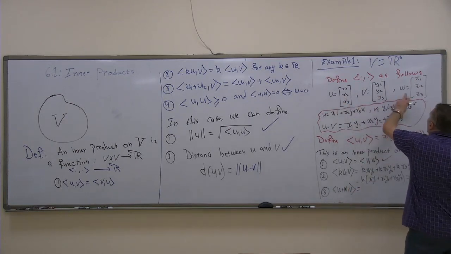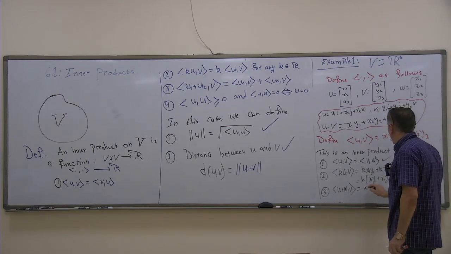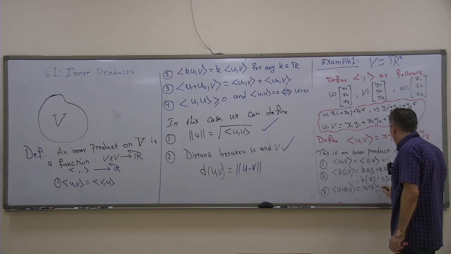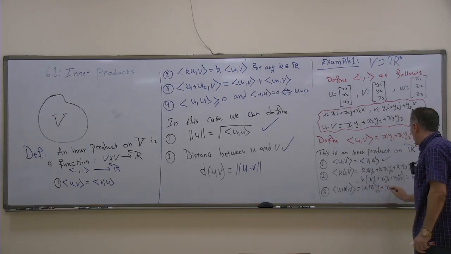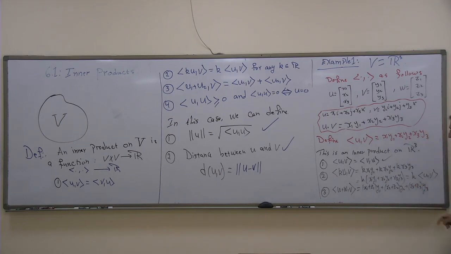U plus W means X1 plus Z1 multiplied by Y1, plus X2 plus Z2 multiplied by Y2, plus X3 plus Z3 multiplied by Y3. Now, unfold this. What do you get?